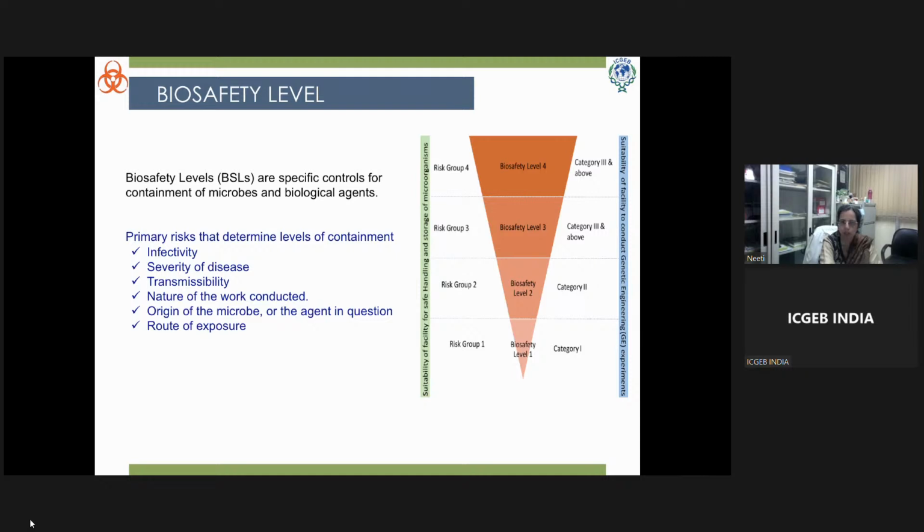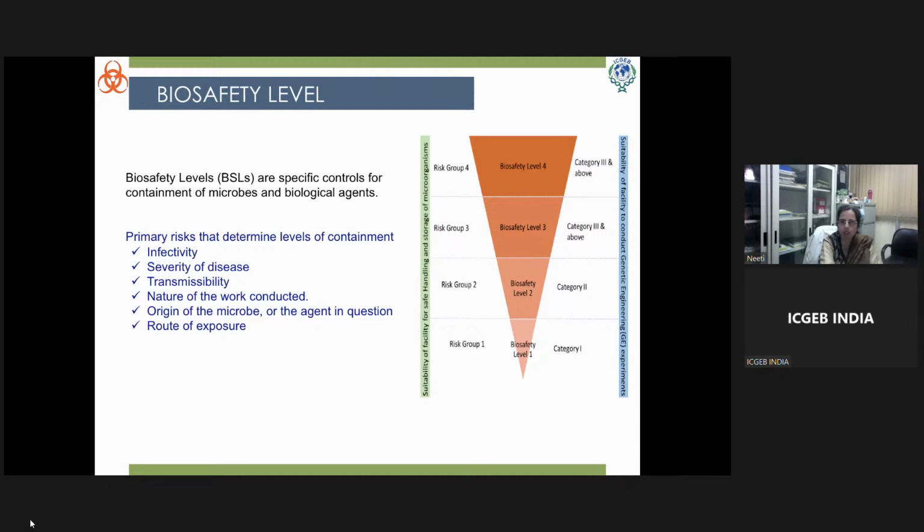Then the nature of work being conducted, whether only a small part of the pathogen or the pathogen per se is being worked upon. Then the origin of the microbe, and then the most important being the route of exposure, whether it is through contact or through the air or other means.